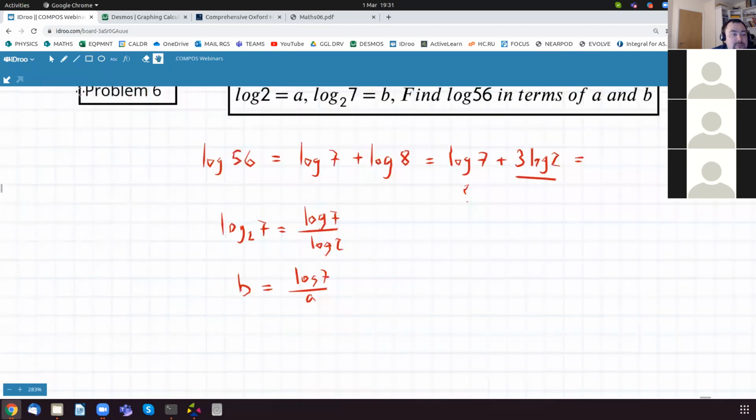Therefore, I can say that log 7 is ab. So it's going to be ab plus 3a, and you can simplify this as a(b plus 3).